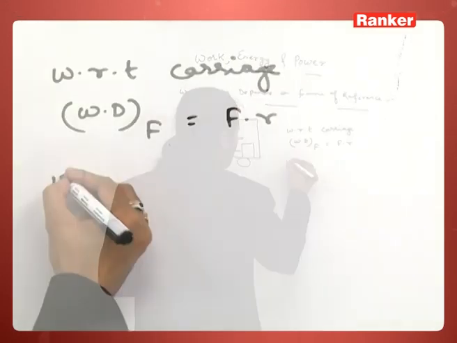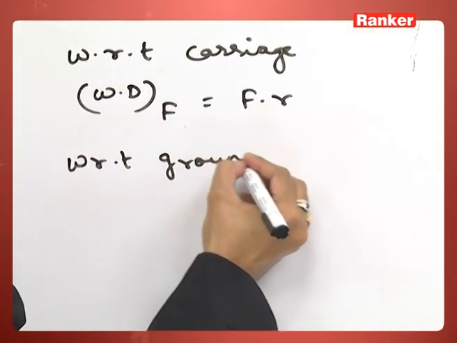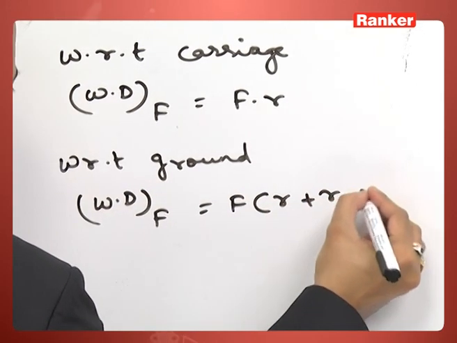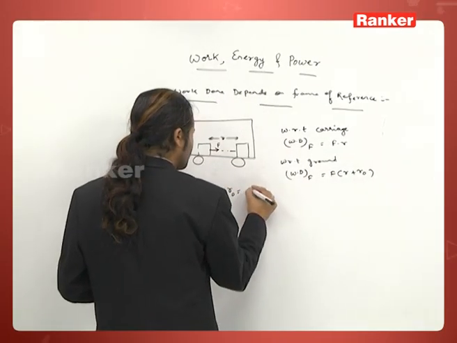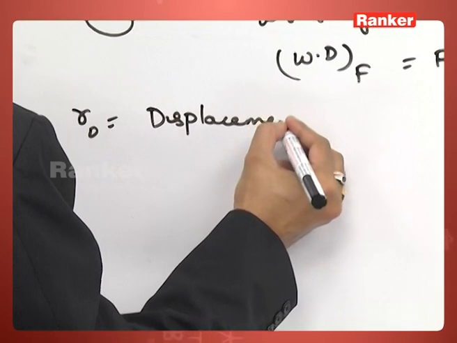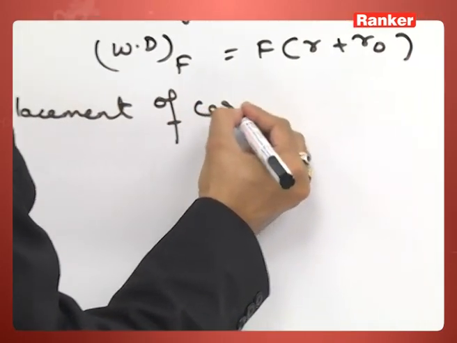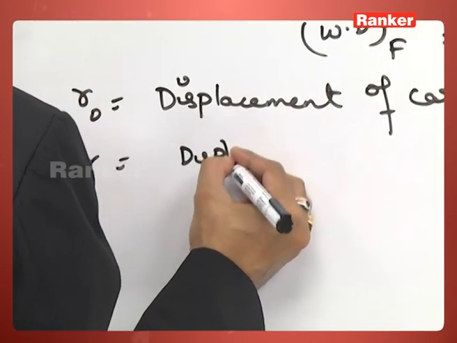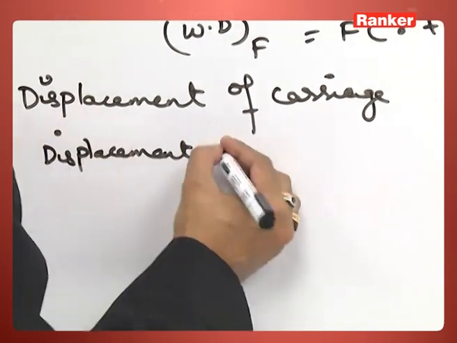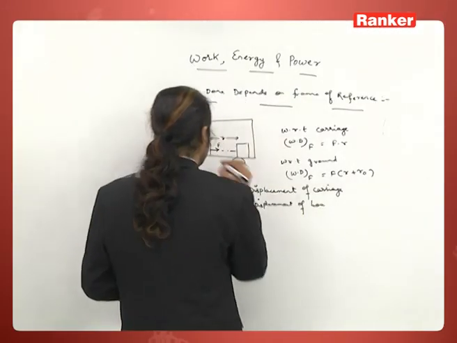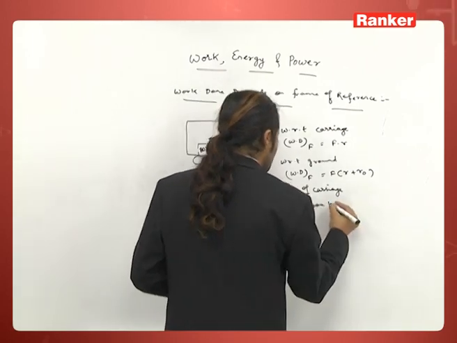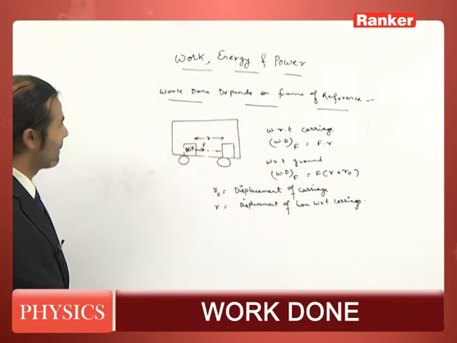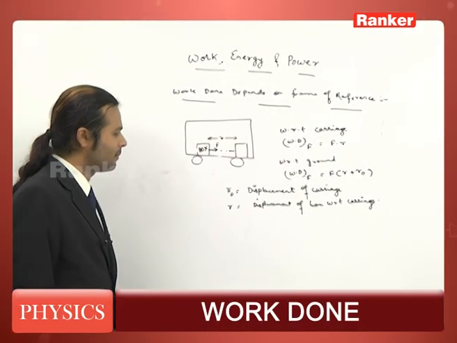But with respect to ground, work done by F is F into (r plus r naught), where r naught is the displacement of carriage and r is the displacement of box with respect to carriage. So work done depends on frame of reference.